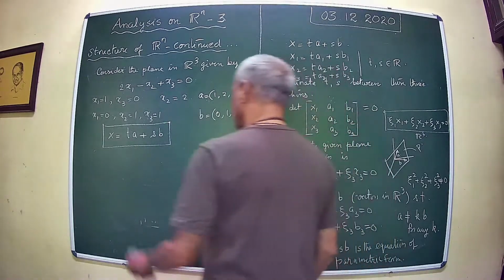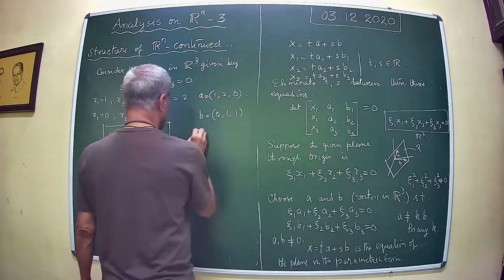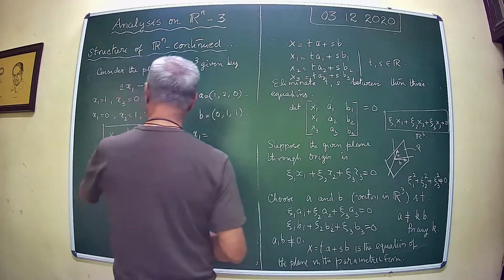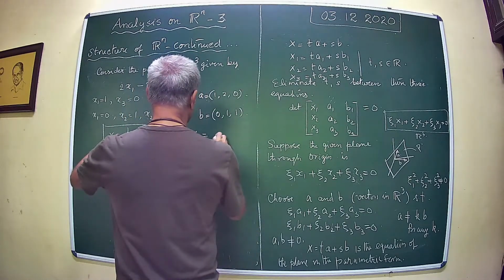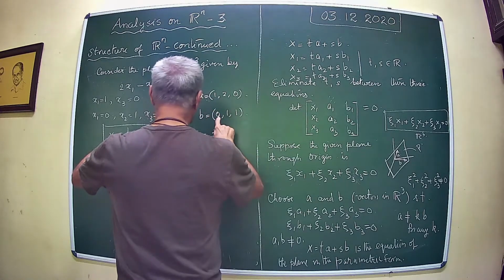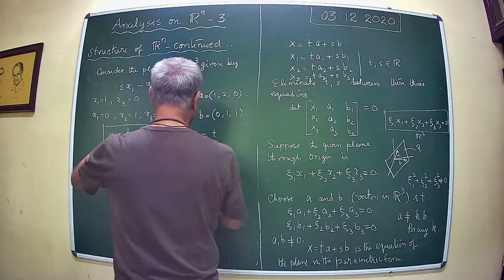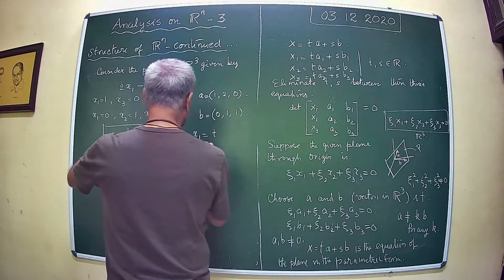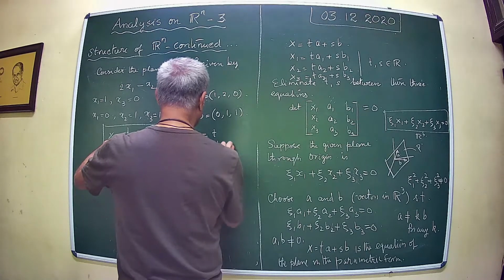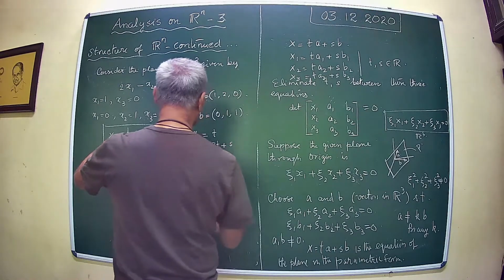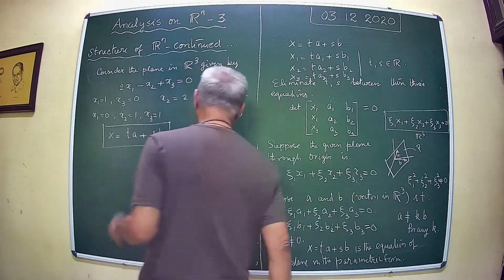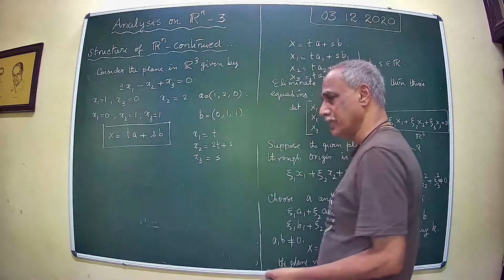Or what you have is x1 equal to tA1 plus sB1, x2 equal to 2t plus s. Now you eliminate t and s between the three.